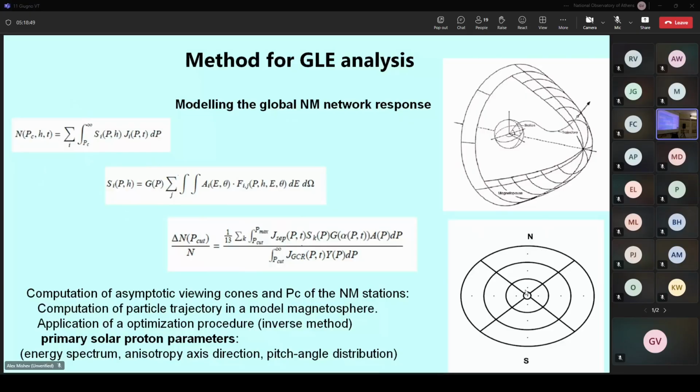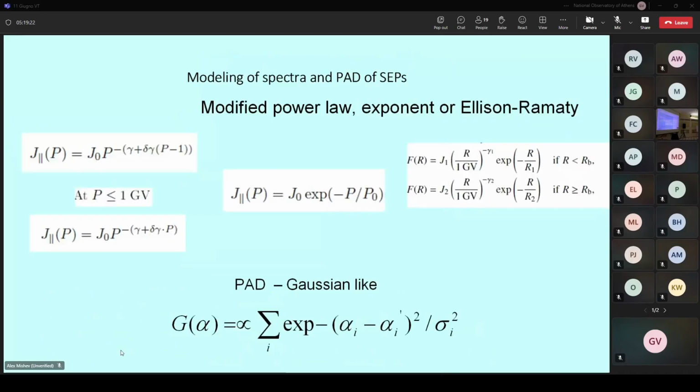However, it can be largely simplified if we take just an isotropic Kelp function and particles with vertical incidence as a convenient initial guess, and by minimization of the difference between the measured and modeled count rate increases, we are able to reconstruct the energy spectrum, anisotropy axis direction, and pitch angle distribution.